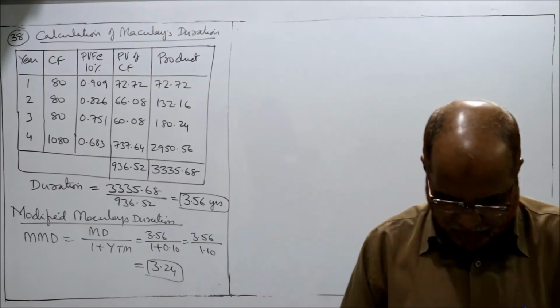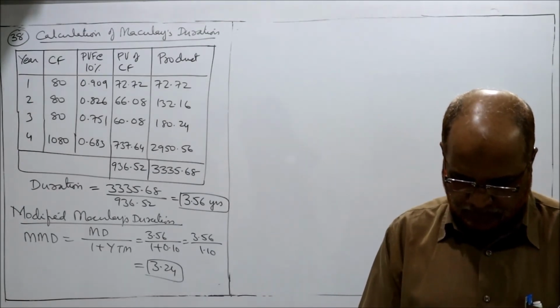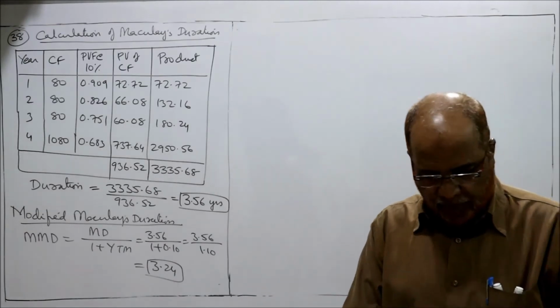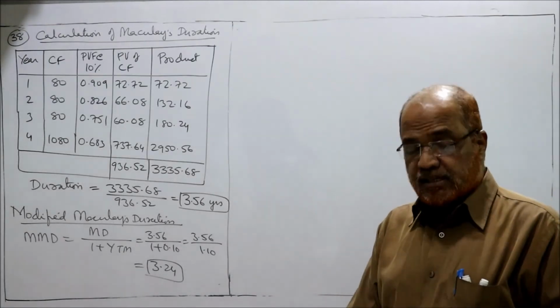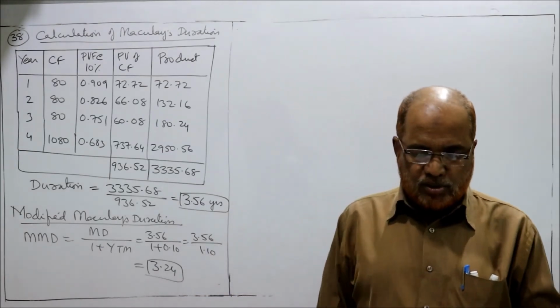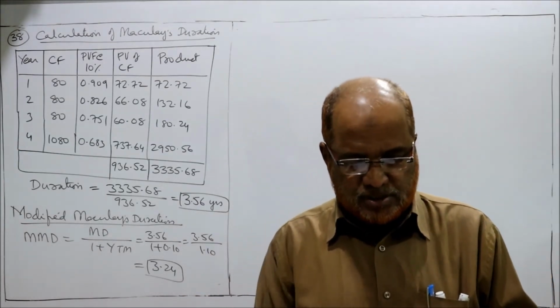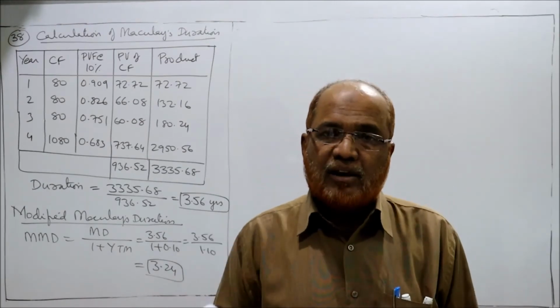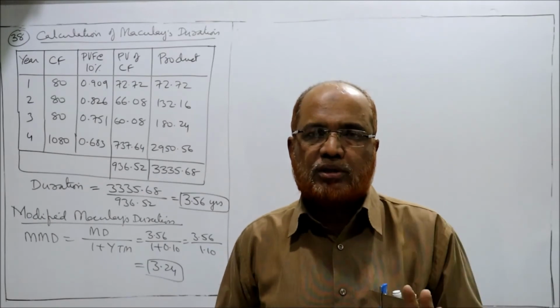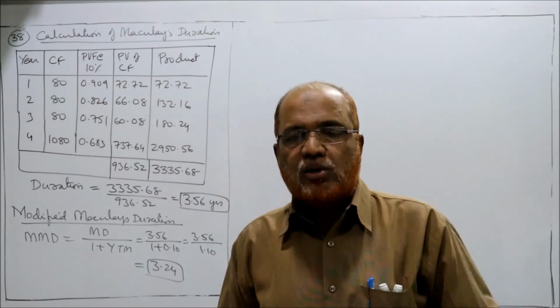Now 39th problem. Again, this was asked in examination twice. Calculate the value and duration of the following bonds assuming a YTM of 8%. In one table itself we can get both the value of the bond and the duration.